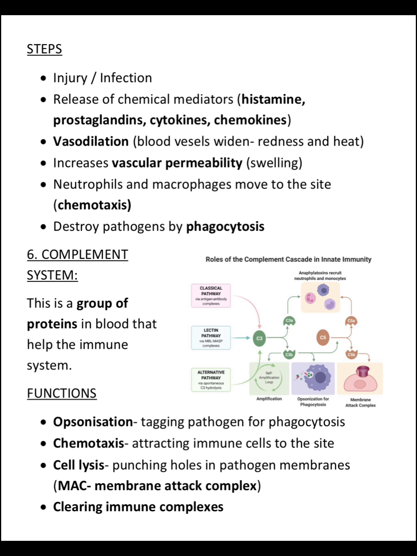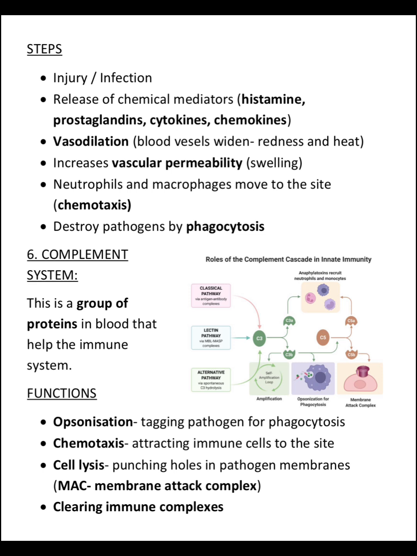Complement system. Complement system is a group of 30 plasma proteins that help the immune system to destroy pathogens. It is named complement because it complements, it helps antibodies and phagocytic cells. The functions of complement system include opsonization, tagging pathogen for phagocytosis.